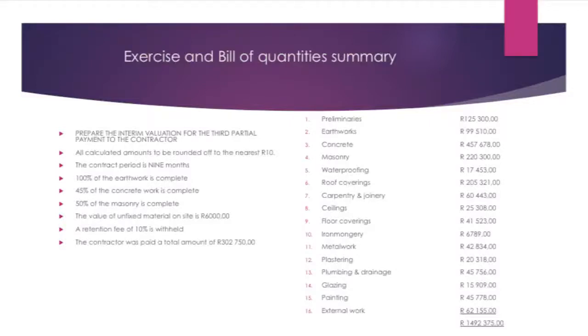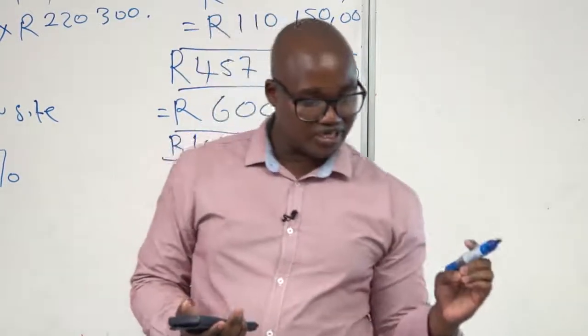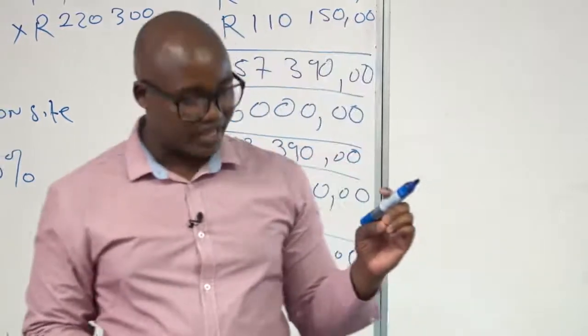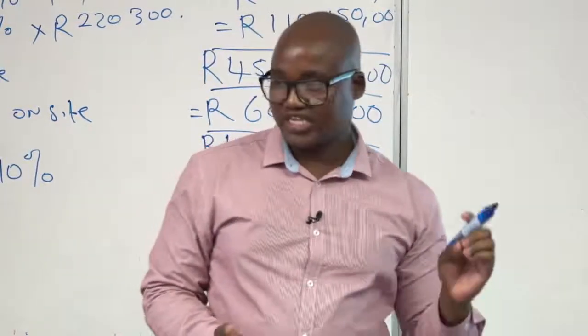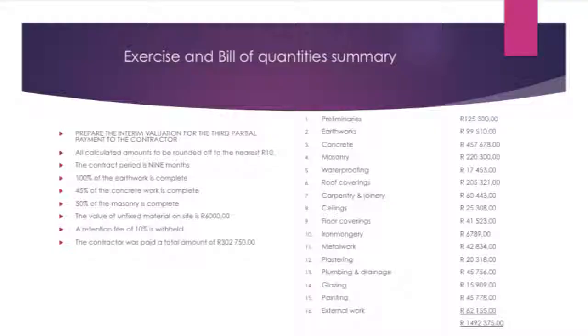We are left with the last amount that we should work out. We must also consider that we are given the amount that was paid to the contractor. So we are going to deduct it from the 417,050.